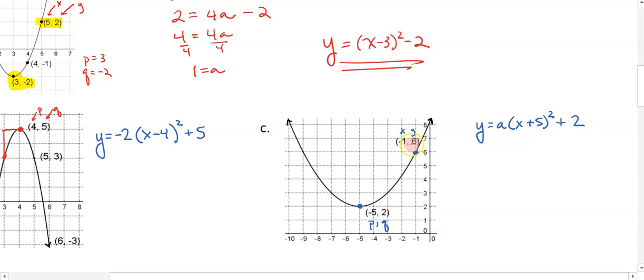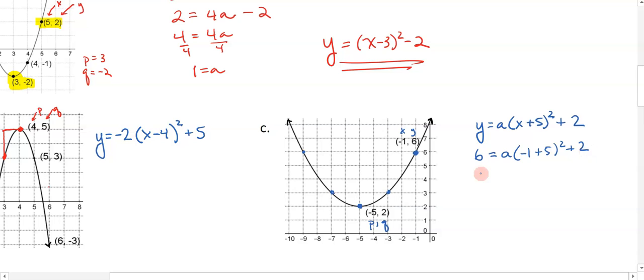And now I'm going to substitute these values in place of y and x, right? Because there's infinite yx pairs that balance this, and all these yx pairs are on this parabola. Okay, and I'm just going to borrow one of them to find the missing part of the rule. So I'm going to plug in 6, I'm going to plug in -1.